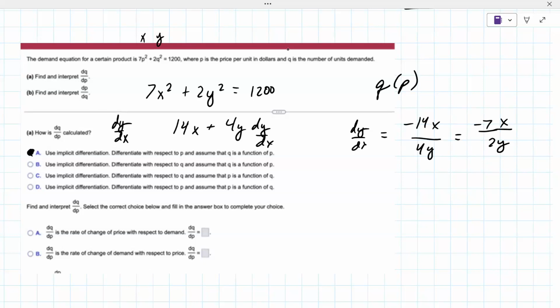And it's the rate of change of demand with respect to price. And it's minus 7p over 2q. It's mapping the letters back the way they were. So that's this box here.